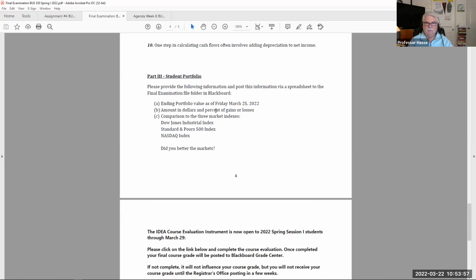Then also compare the 3 market indexes, the Dow, the S&P 500, and the NASDAQ over the same period of time. The question you need to answer in your portfolio is, did you better the markets? Did your portfolio of stocks outperform the 3 market indicators in dollars, but also in percent, because you'll be doing the market deltas in percent.